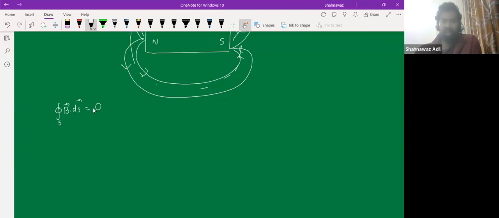If we compare this with qm upon mu naught, where qm is the magnetic charge, and this is zero, then how much would qm be? This is Gauss law for magnetic field.